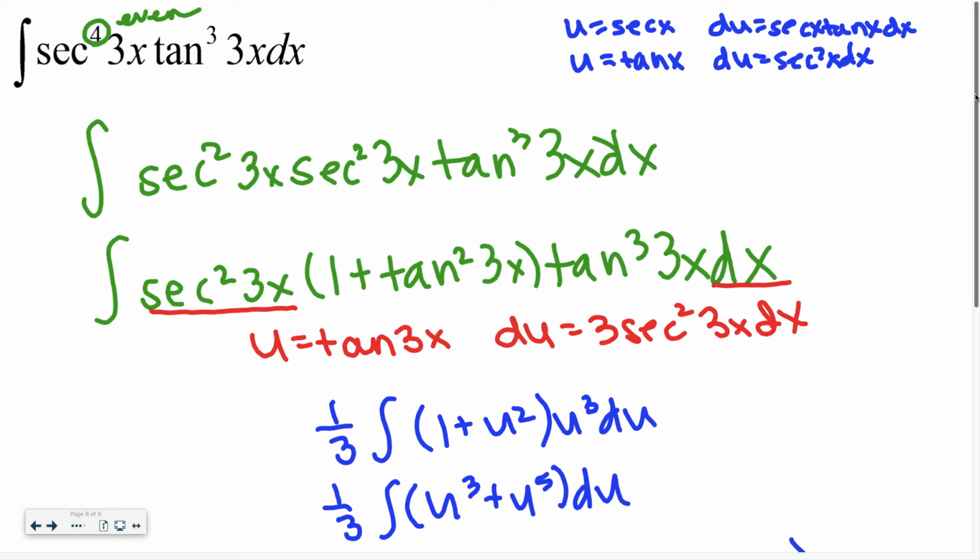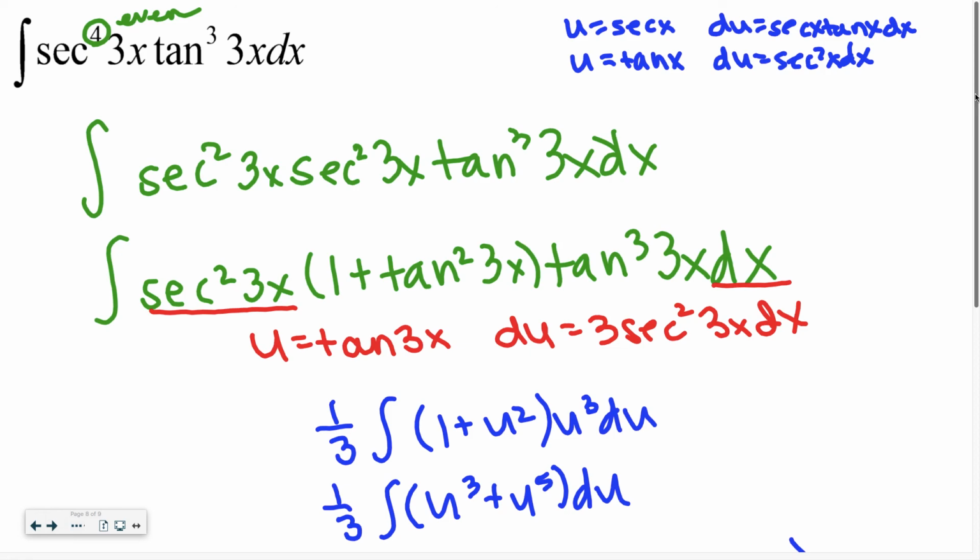So what we could have done is write this as secant cubed 3x tangent squared 3x times secant tangent, and change tangent squared to secant squared 3x minus 1.